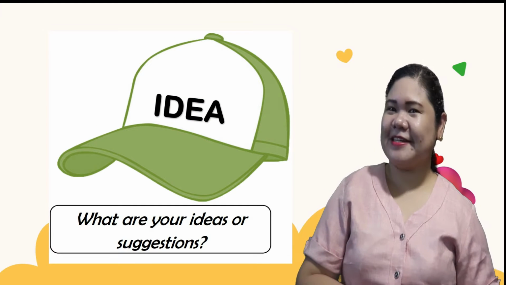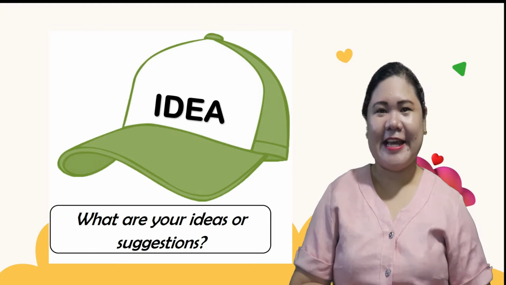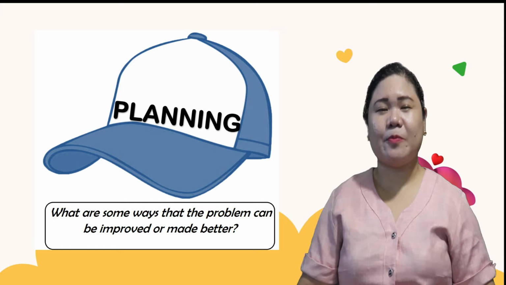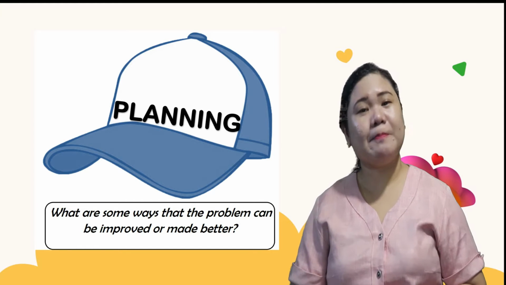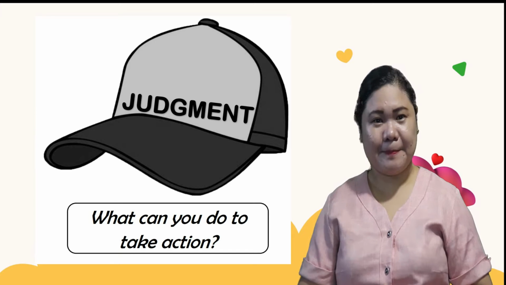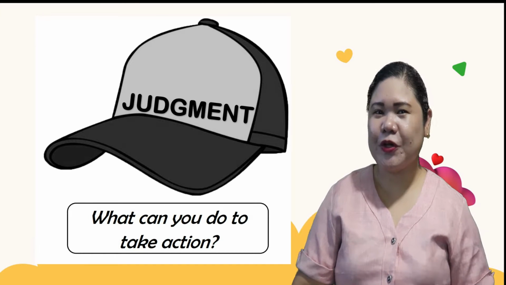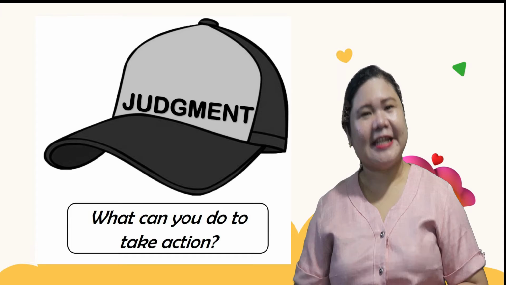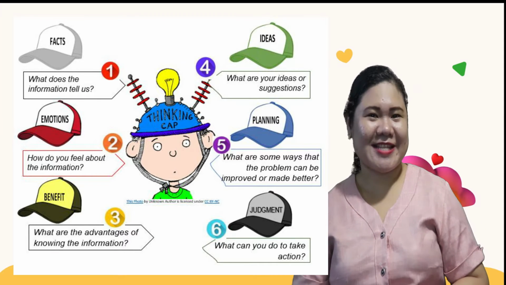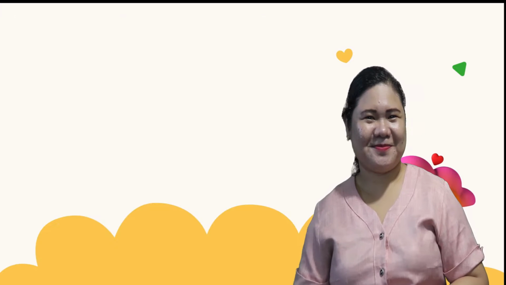What are your ideas or suggestions? And blue cap. What are some ways that the problem can be improved or made better? And the last is black cap. What can you do to take action? These are the 6 thinking caps that can help you understand this lesson.